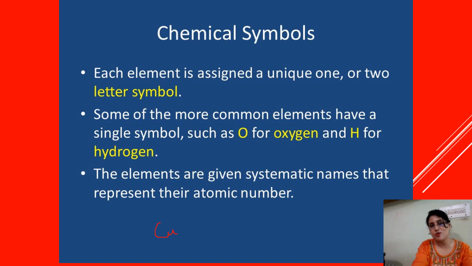First let me tell you, there are four ways to assign symbols to each element. First way is to give the first letter. Second is the first two letters of the word, like aluminum or neon or manganese, the first two letters.